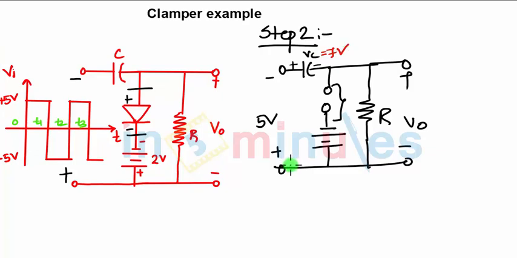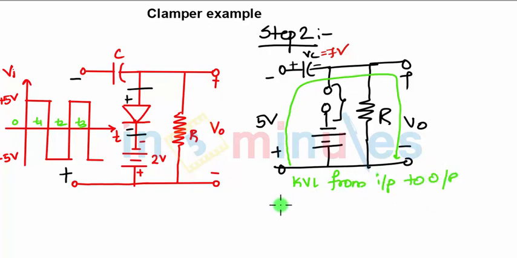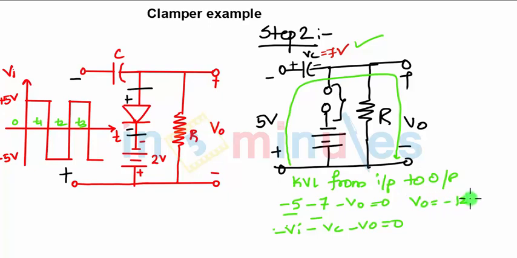So when you apply KVL from input to output, the equation will be, considering VI as minus 5, minus VI minus VC minus VO equals 0, which gives minus 5 minus 7 minus VO equals 0. So you are getting VO as minus 12 volts.